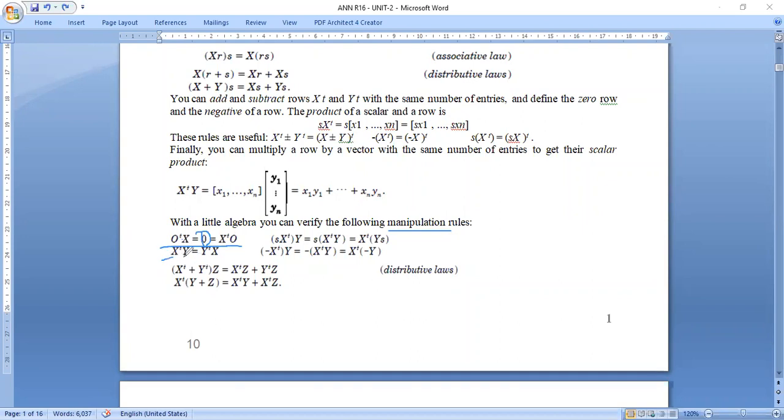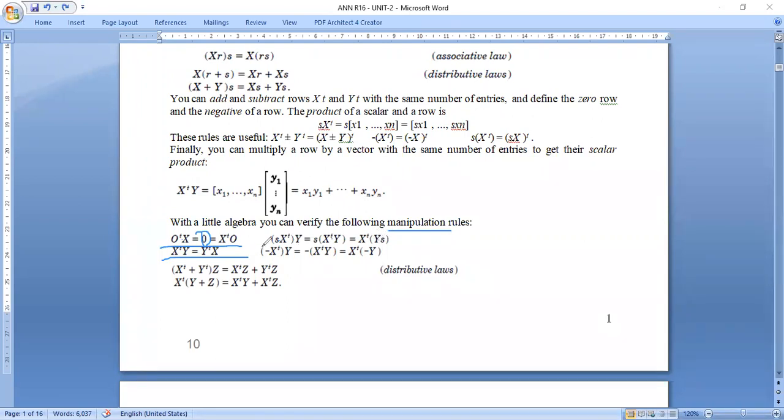Second one, x^T y equals y^T x. Okay, this is one of the laws. And if you see this one, s times x^T with y equals s of x^T y, or x^T of y into s.